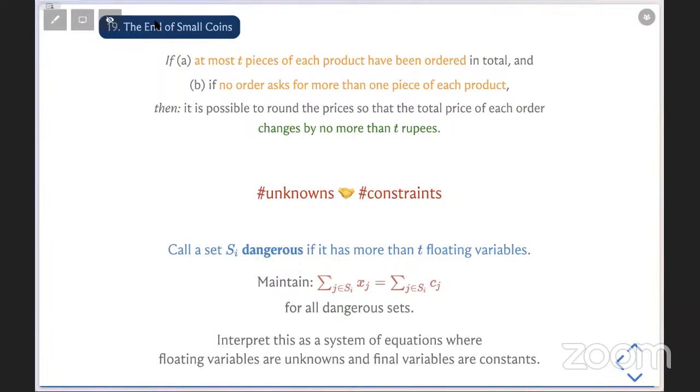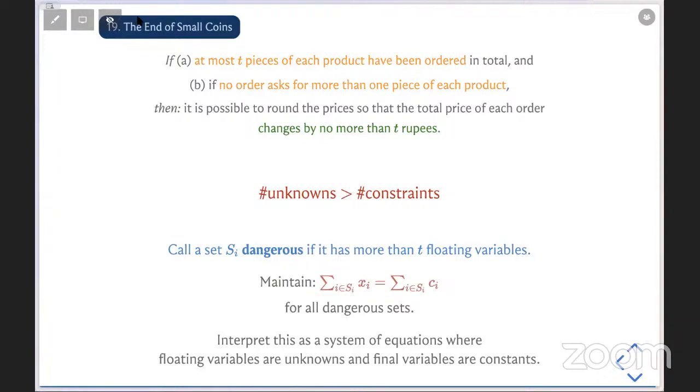If you pick a random xj, it's only going to appear in at most t constraints, because every product was ordered at most t times. Sets are large, they have more than t floating variables. To be able to generate these constraints, you need enough unknowns to account for all of them. And if you want a more precise argument, you can do the same work to conclude that the number of unknowns is greater than the number of constraints.